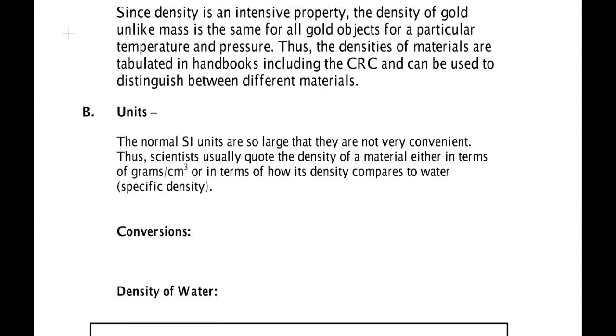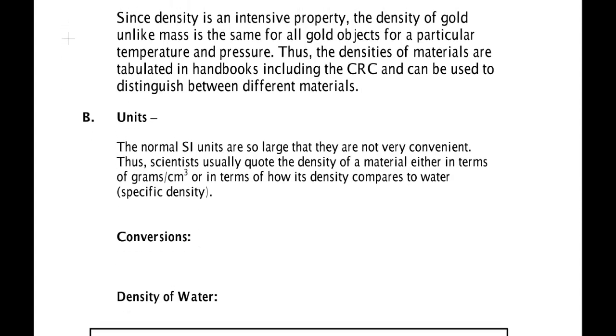We need some units for this. The units that we normally use would be the kilogram per meter cubed. However, this is extremely large, so you're going to be dealing with very large numbers if you do that.